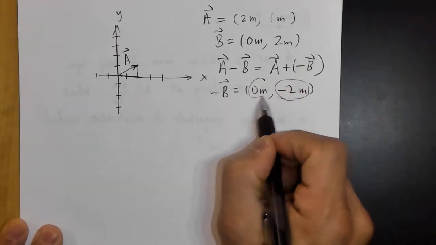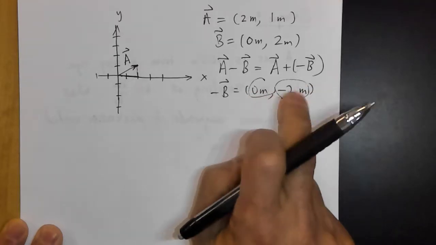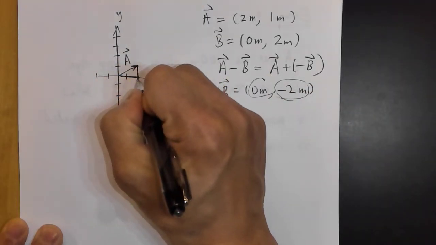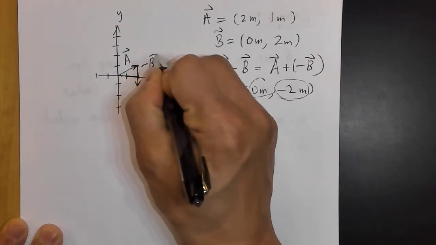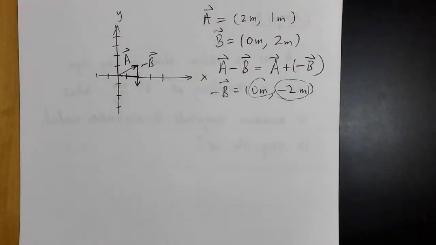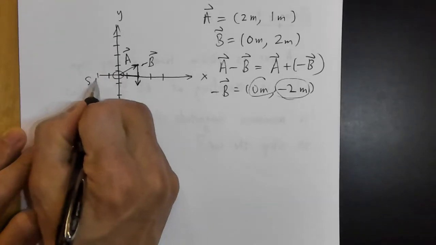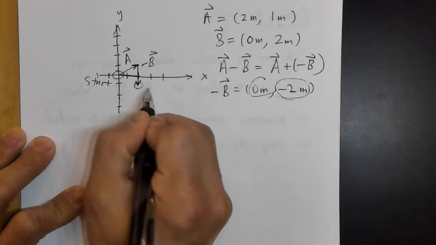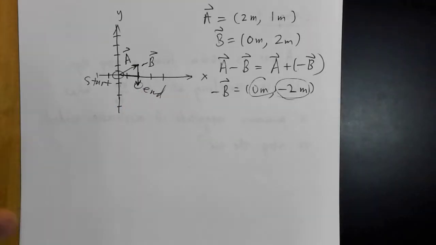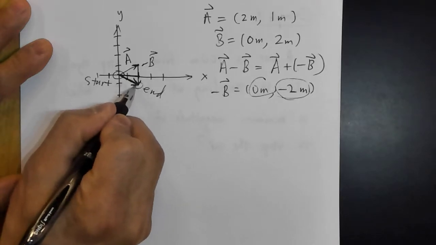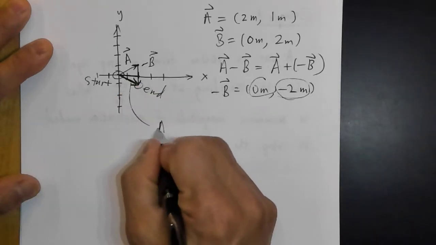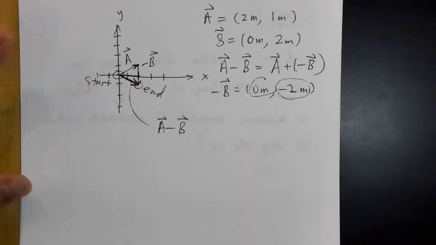So I'm going to go 0 in the x direction, minus 2 in the y direction. So it will go like this. That's my minus B. Everybody's good on that? Okay. And then this is the starting point, that's the start, and here's my end. All I need to do is draw the vector from the very start to the very end, and that vector is A minus B.